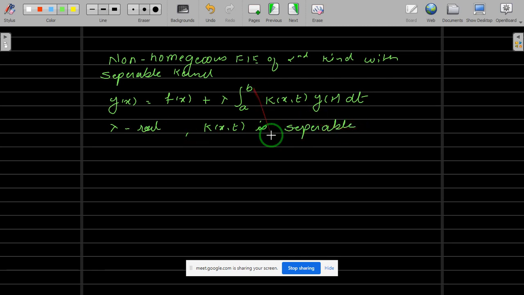Do the same things you did last time, but remember that f of x is the extra part added here. You assume that your kernel K of x, t is separable, that is the summation of a i of x times b i of t. You substitute and do all those things, and you will have c i same as last time, that is integral of b i of t times y of t dt.